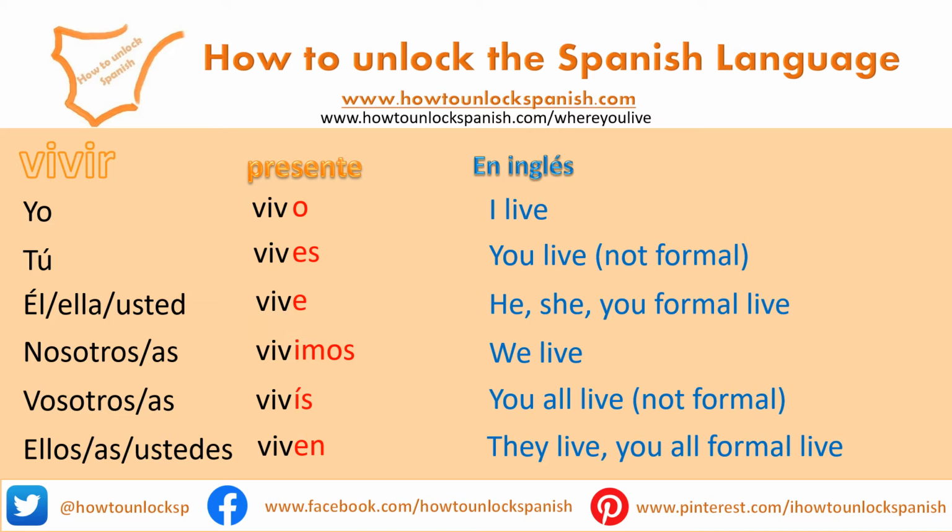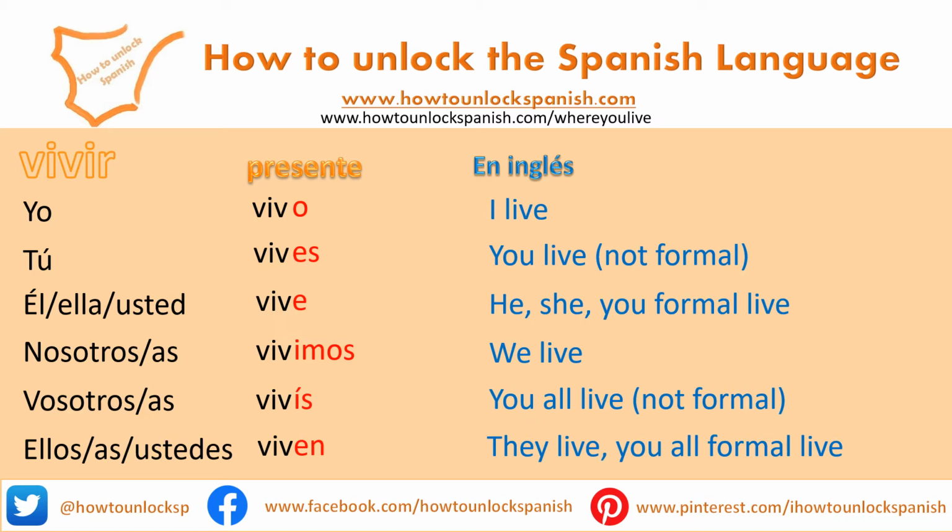You all live, when it's a familiar you, we use vosotros o vosotras vivís. And they live, or you all formal live, we use ellos, ellas, o ustedes viven. So, it is yo vivo, tú vives, él, ella, usted vive, nosotros, nosotras vivimos, vosotros, vosotras vivís, ellos, ellas, ustedes viven.